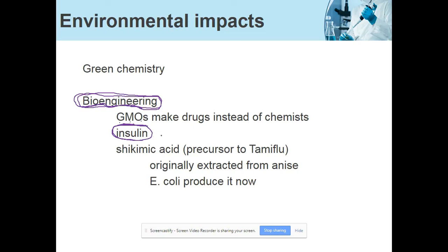But now we have these amazing bacteria, E. coli, and we have blasted into the bacteria the DNA that codes for human insulin, the protein insulin that humans make. And so E. coli have the human gene for human insulin. And so we have this big, beautiful flask, and we fill it full of food and bacteria that have the insulin gene.